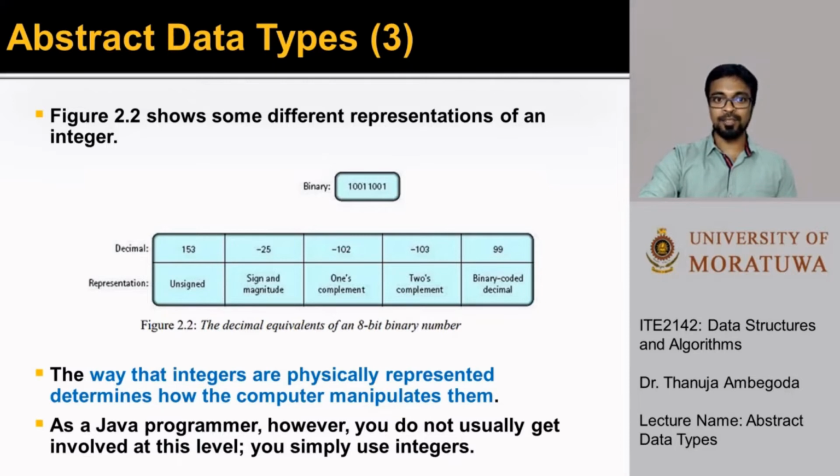If it is sign and magnitude binary, then the decimal value becomes -25. In 1's complement, this value is -102. In 2's complement, its decimal equivalent is -103. If it is a binary coded decimal, the same binary value becomes 99. So these are 5 different possibilities of decimal equivalents of this 8-bit binary number we see on top.